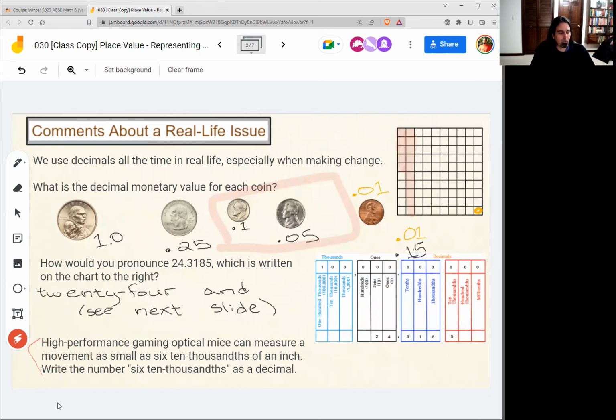Here's the little one. High performance gaming optical mice can measure movement as small as 6/10,000ths of an inch. How would we write that? Well, the ten thousandths place was here, so 6/10,000ths. I would put my decimal point, and then I'd have to fill in zeros for all the places I skipped over.